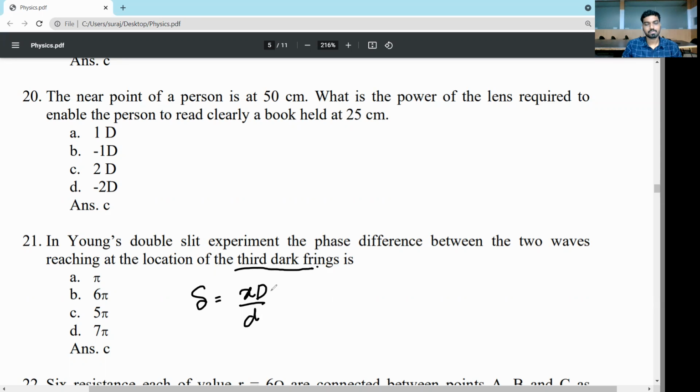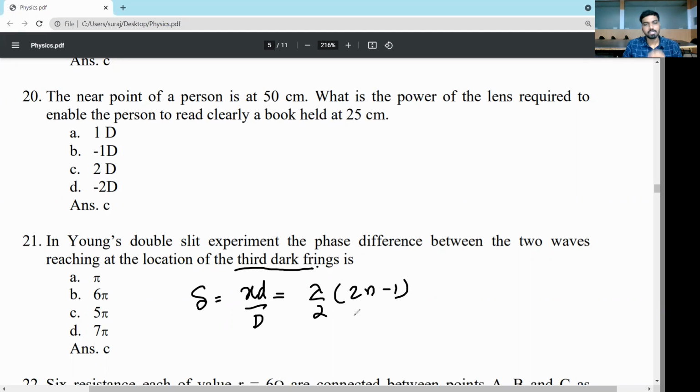So now, x small d by D. This is the path difference general formula. For dark fringe, I can equate this with lambda by 2 into 2n minus 1.